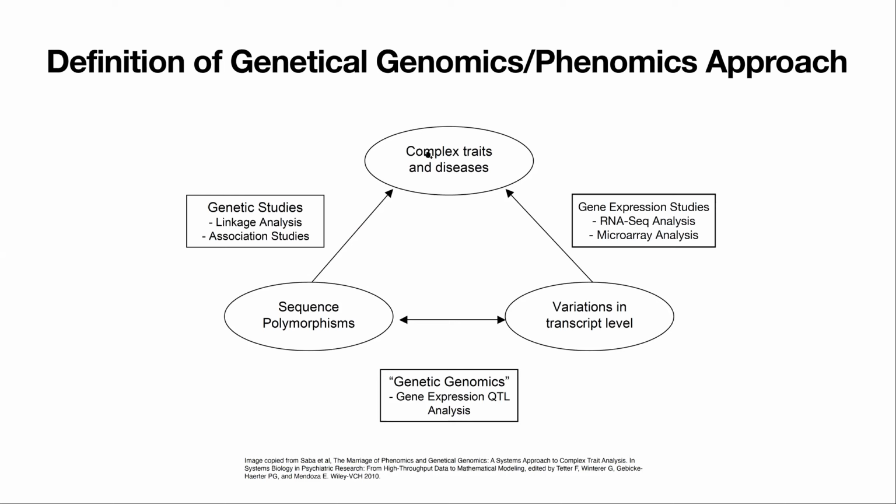So for the sequence to the disease, we're going to use a QTL analysis. We can look at the correlation between a transcript and a disease. And then finally, we can calculate these eQTLs and make sure that the transcript is associated with the same polymorphisms that are associated with the disease. So again, we're looking for the convergence of all three of these analyses to a single gene to make it a candidate in a genetical genomics phenomics approach.